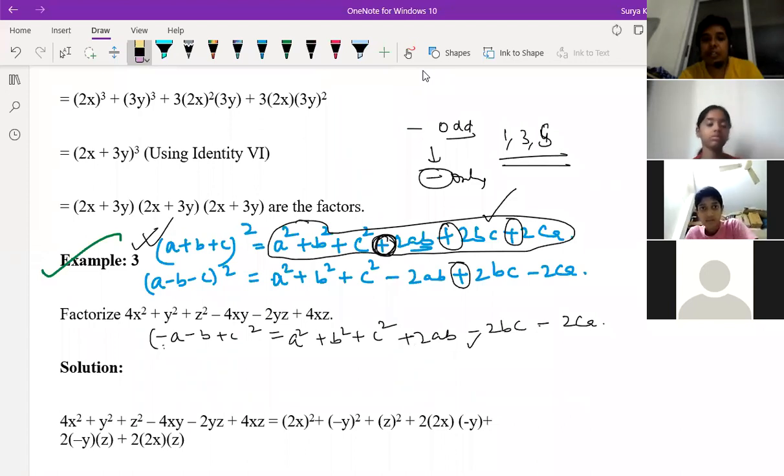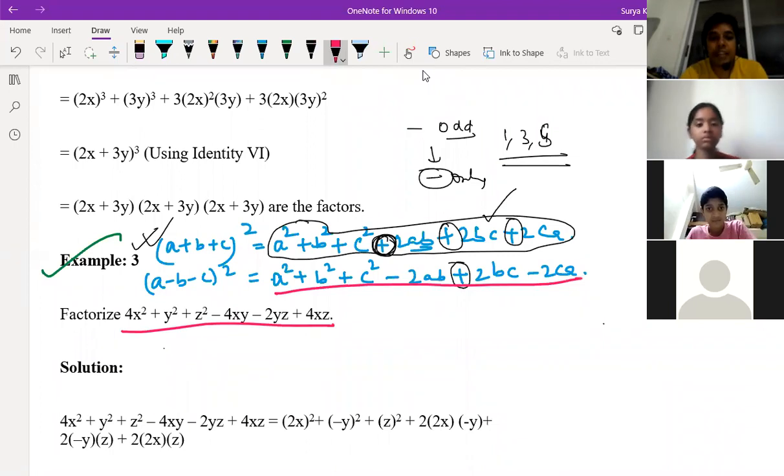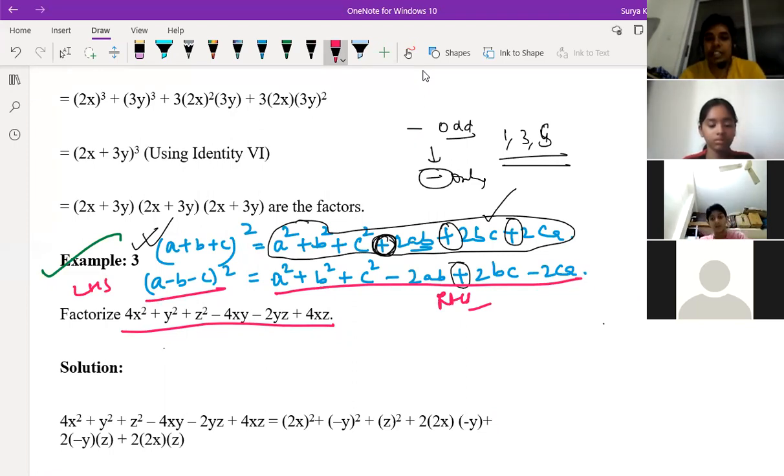Yes, sir. Now see this question, children. This type of question, how can we do it, tell me? Is this part written in left hand side form or right hand side form? It's written in RHS form, no?